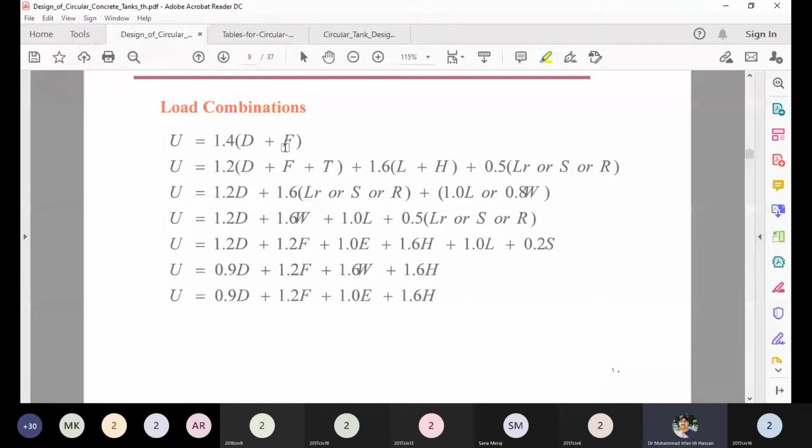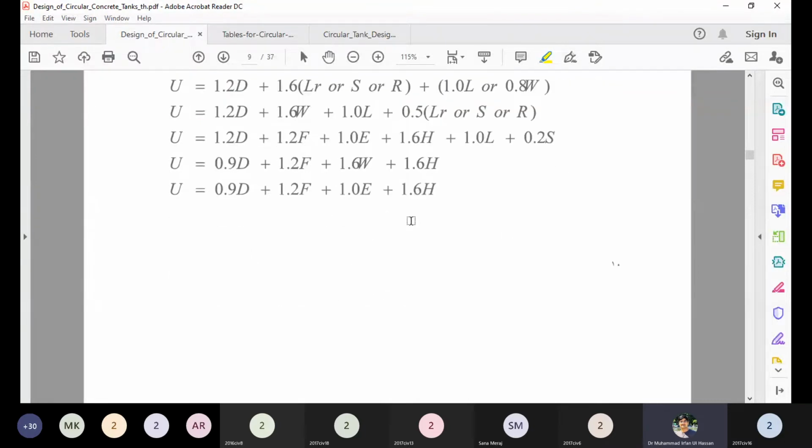So when the liquid load is present and the dead load is present, this is 1.4 times, and when the live load is also present, then the factor is 1.2 D plus fluid plus temperature, and 1.6 times the live load.